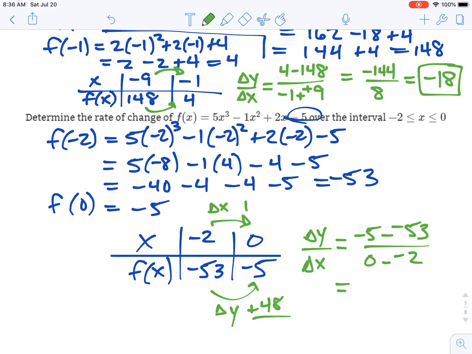And then this is increasing by 2. So negative 5 minus negative 53, which would be a plus 53, would be a positive 48. And then 0 minus negative 2 would be a positive 2. So it's 48 over 2, which is 24. So when you find the rate of change, you're really just finding the slope.